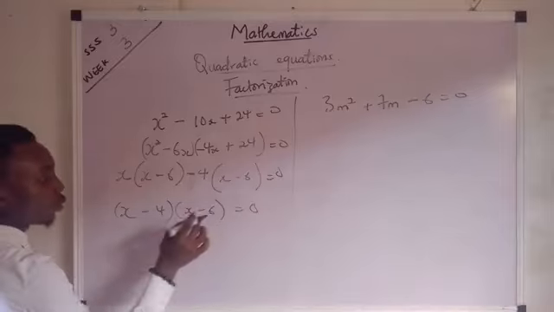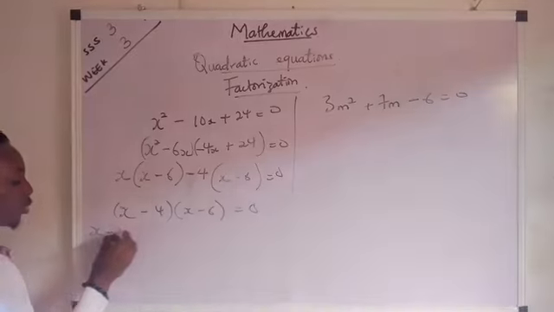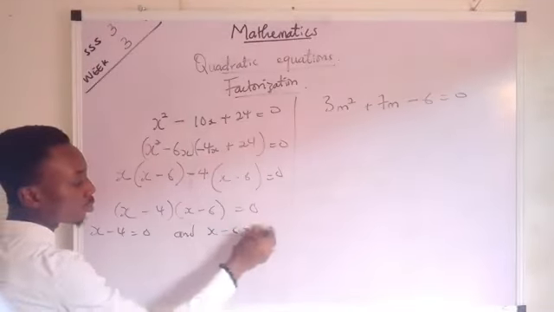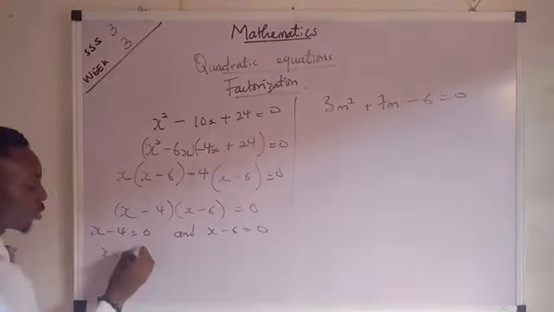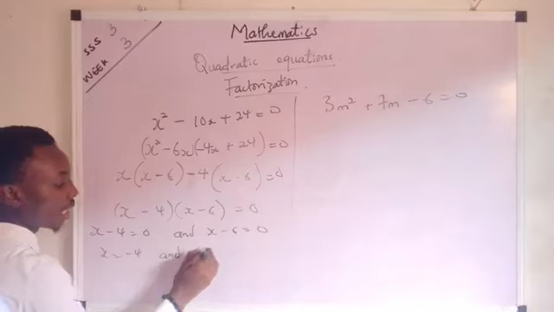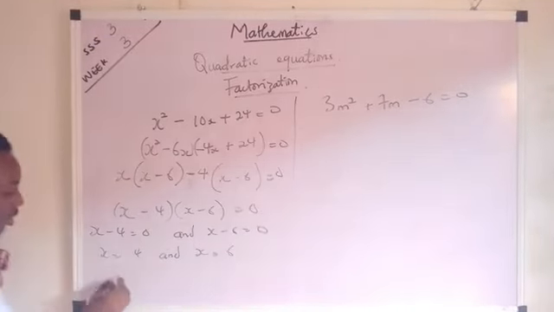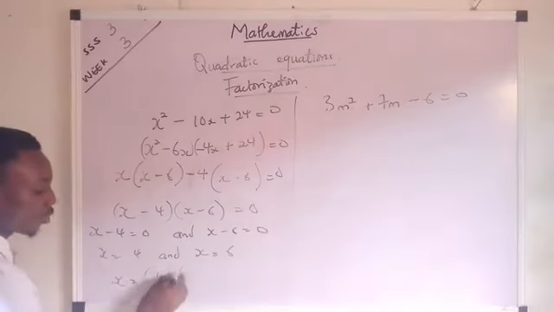Equate this to 0 and equate this also to 0. You have x minus 4 equals 0 and x minus 6 equals 0. x is equal to 4 and x is equal to 6. x is equal to what? 4, 6.